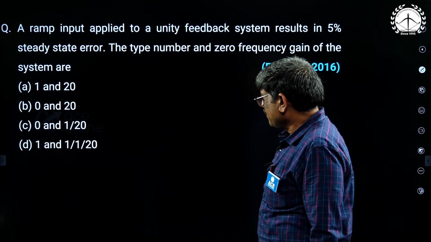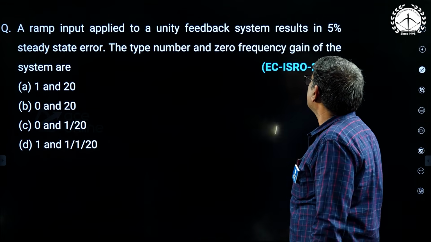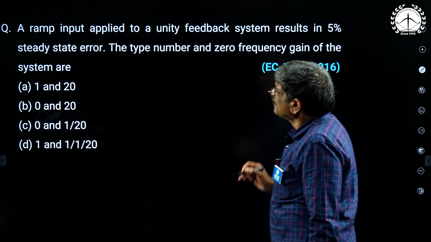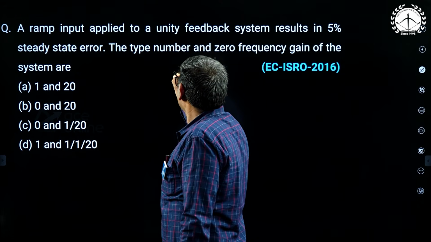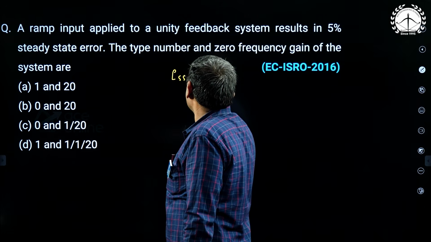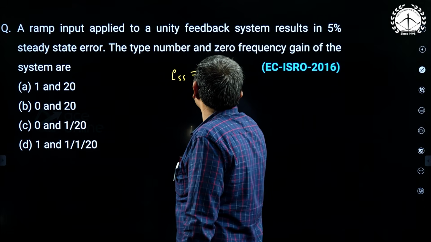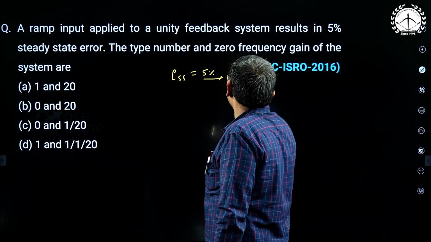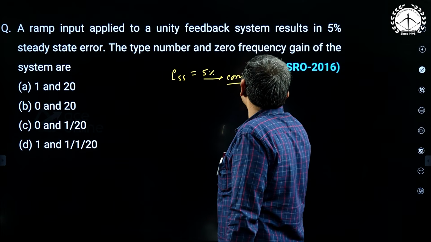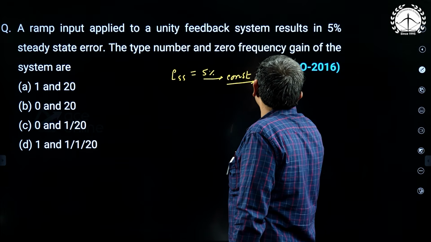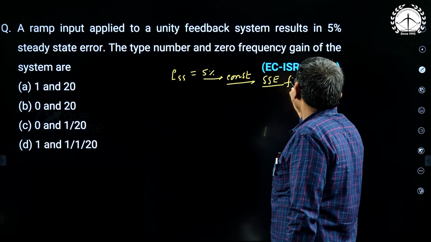First one, a ramp input applied to the unity feedback system results in 5% steady state error. So, steady state error is 5%, means it is constant. Constant steady state error for unit ramp input.